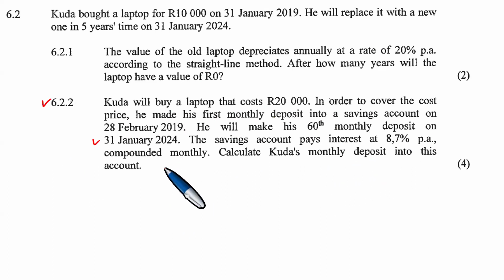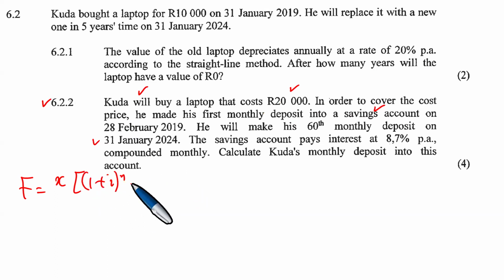Now, there's something we need to take note of here: Kuda will buy a laptop that costs exactly this amount. In order to cover the cost, he made his first monthly deposit into a savings account, and he's saving the money. So this one is going to be in the future, which means you're going to use the future value formula, which is x times (1 plus i to the power n minus 1) over i.